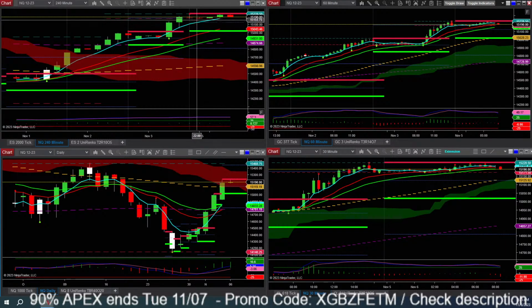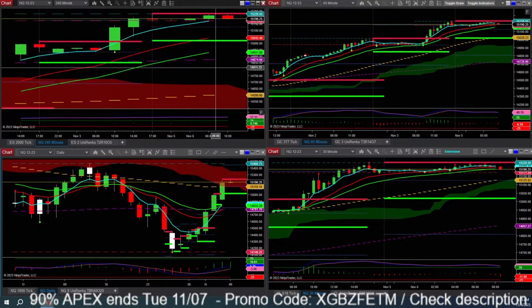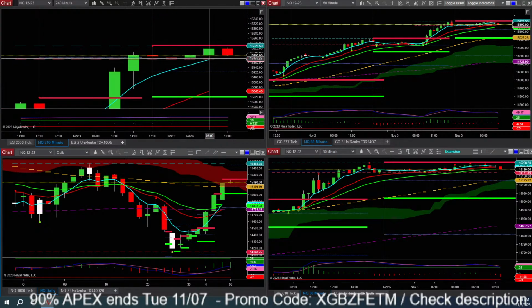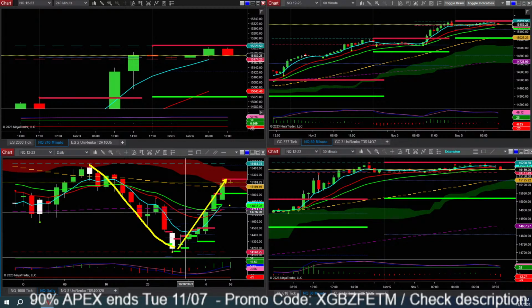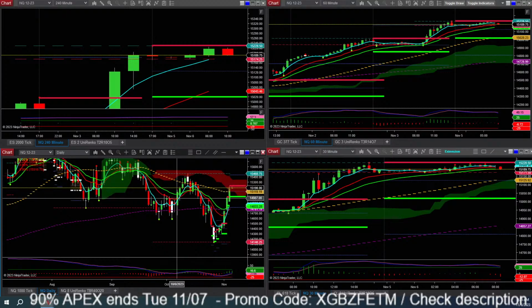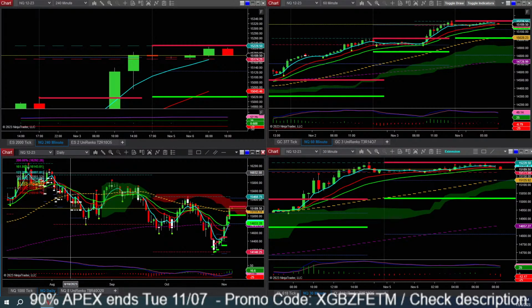Also moving sideways. It looks heavy on the 240 minutes. Looks heavy here, extended, and in the daily, a move down, then a nice move to the upside right here, and now all the moving averages are... I would say there is some nice resistance at this level here.